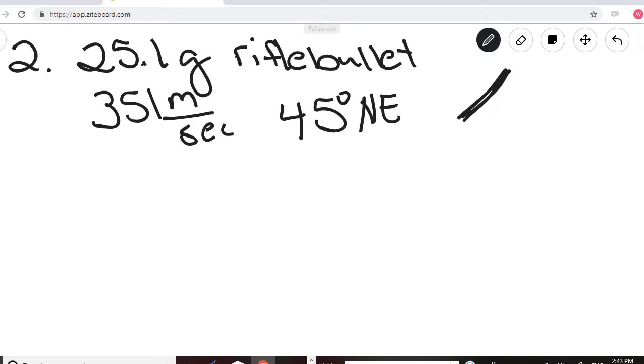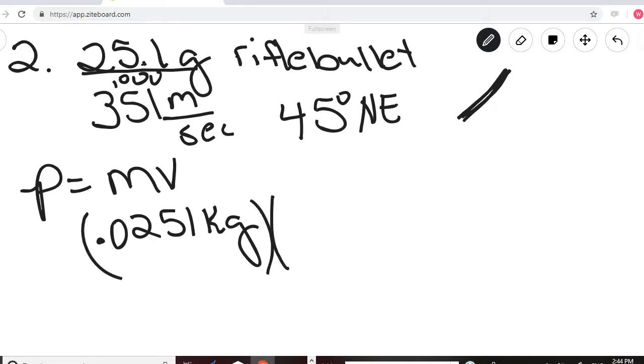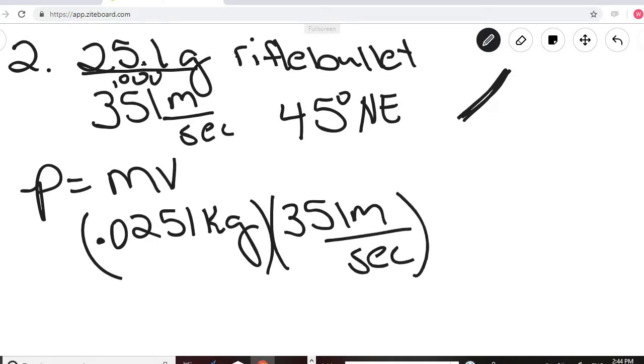So P is equal to mass times velocity. And the mass needs to be in kilograms, so if we divide this by 1,000, then we will get that the mass is 0.0251 kilograms, and the velocity is 351 meters per second.